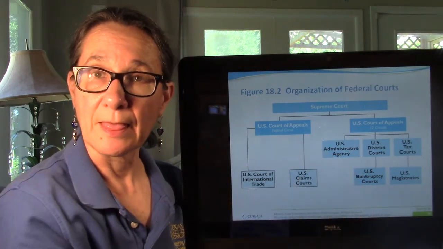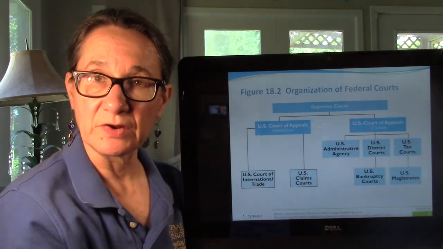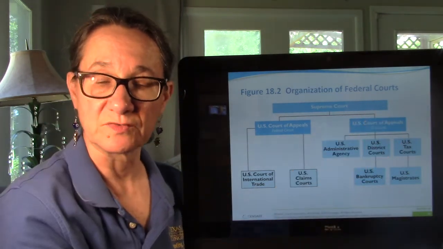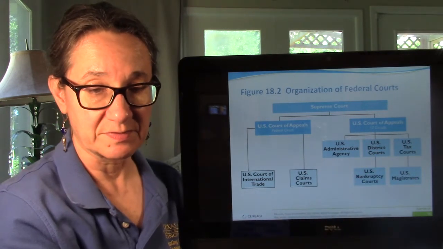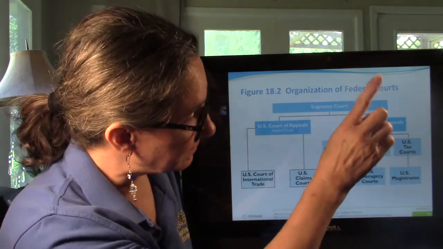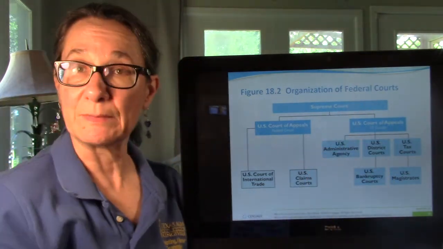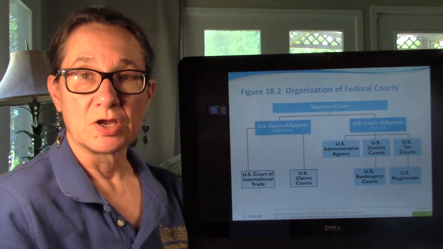You could go to that court. And of course, if any of these courts decide something that you don't like, you could appeal to the U.S. Court of Appeals. And if you don't like what the appeals court says, you can go maybe to the Supreme Court if you can get them to accept your case.